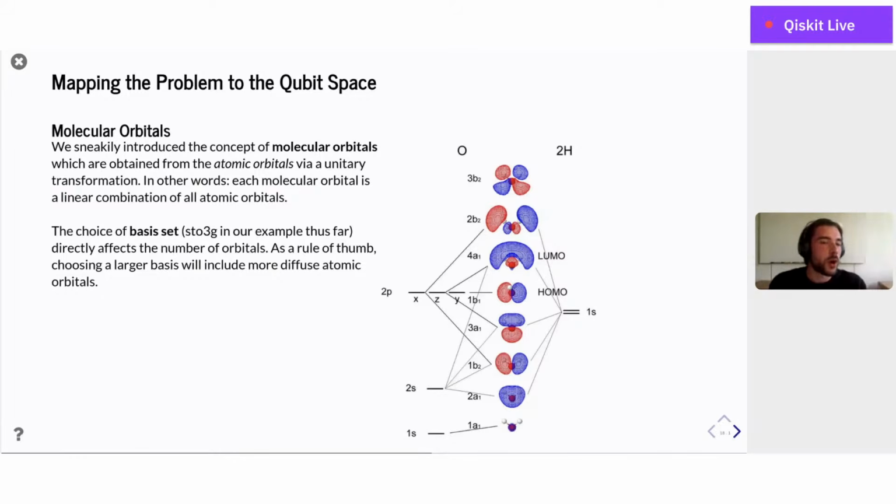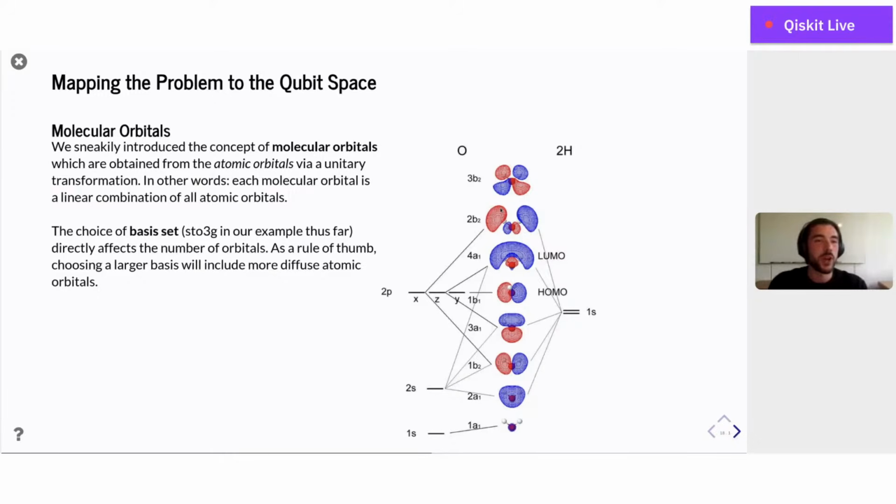Each atomic orbital consists of a certain number of functions that we combine linearly. These functions are given by the basis set of our choice. Earlier, we chose STO-3G, which is a very minimal and very crude approximation, but it works well for simple demonstrations. When you want to describe the molecule and not only the atom, you combine all the atomic orbitals in your system linearly to generate a new set of molecular orbitals.